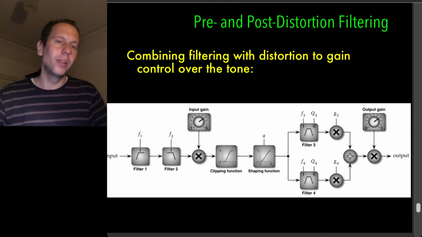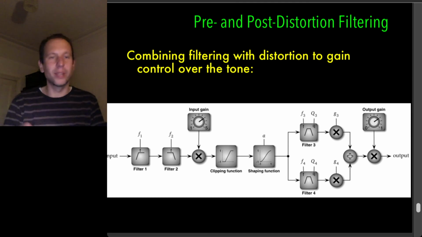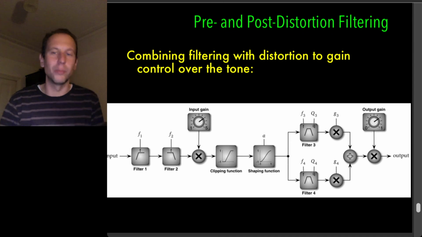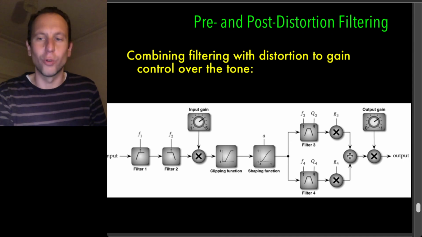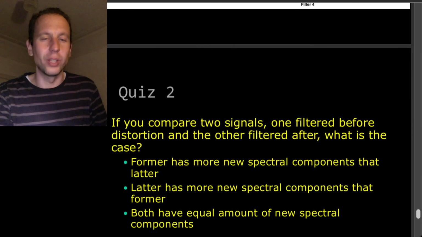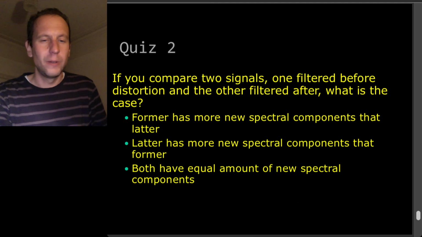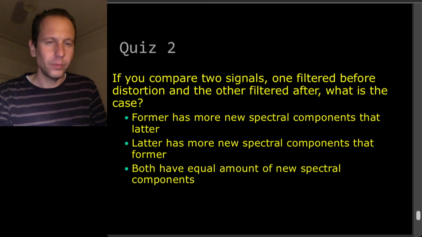And indeed, just as you've seen the mixing before and after distortion is crucially different, in similar ways the filtering before or after distortion will be different. So the question is, how is it different? Okay, pause the video, think about it.